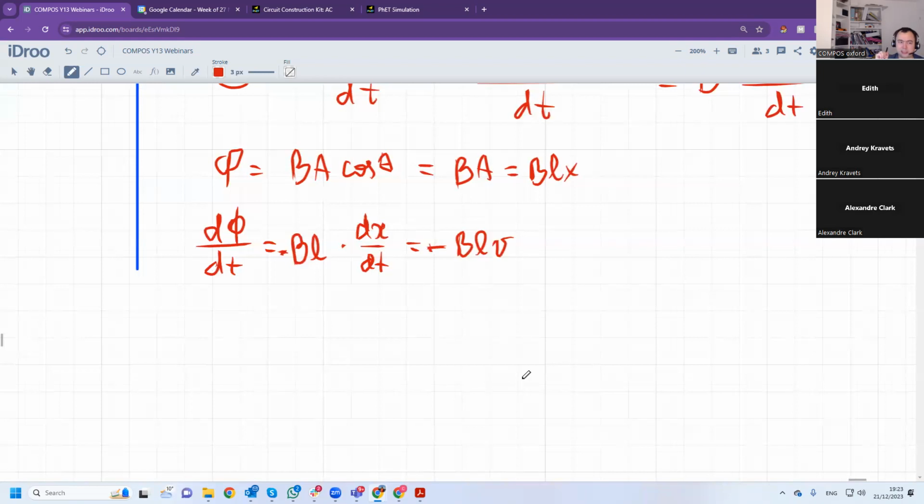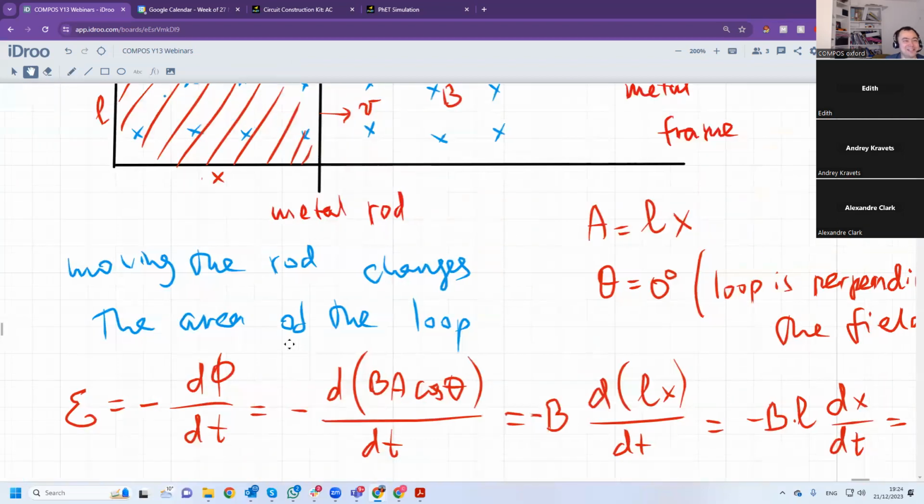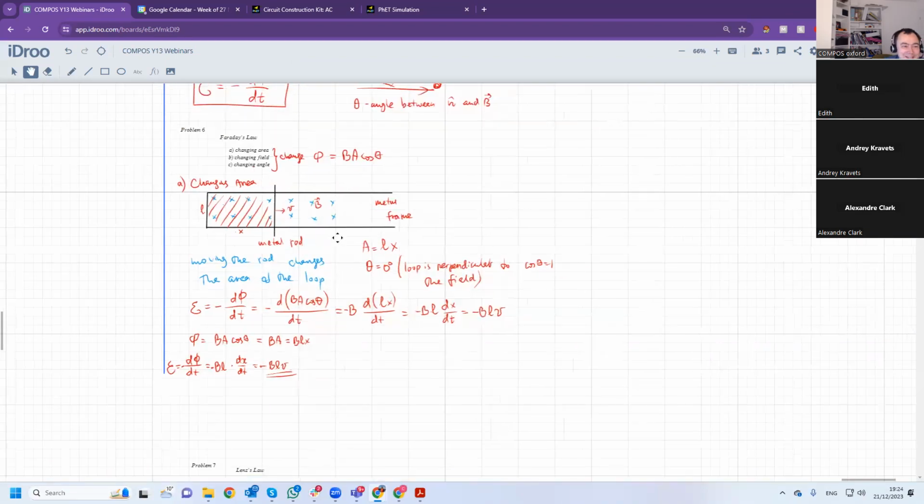Is this better? Okay. So EMF is minus d phi dt, which is that, and which is the same expression as the motional EMF, which is really cool. I think it's cool.